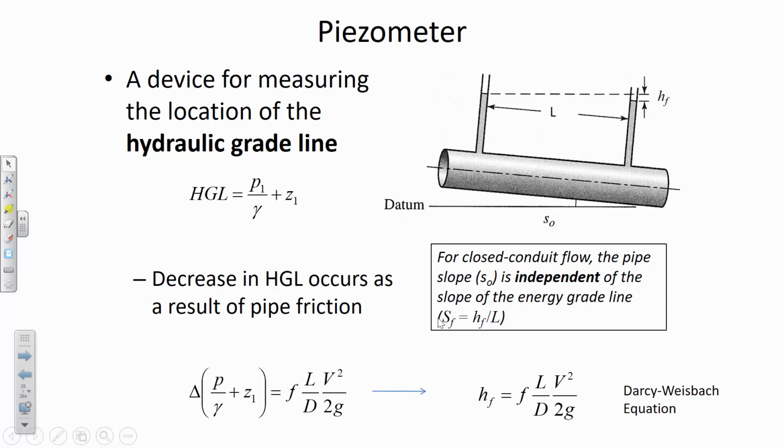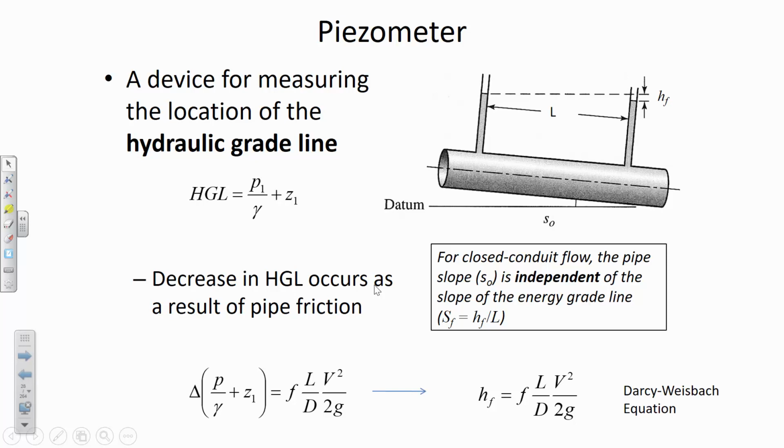So that means we can have a pipe that's going uphill like this, and if the water is flowing from left to right, then the water level would rise higher on the piezometer on the left than the one on the right. And so here's our delta H sub f, the energy loss due to pipe friction.